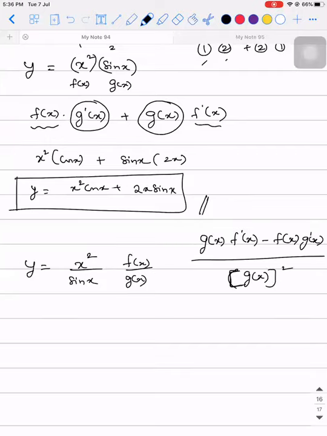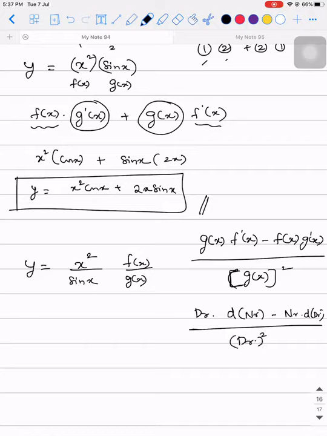We can remember it like this: g of x is the denominator. So denominator into derivative of numerator minus numerator into derivative of denominator, divided by the denominator square.